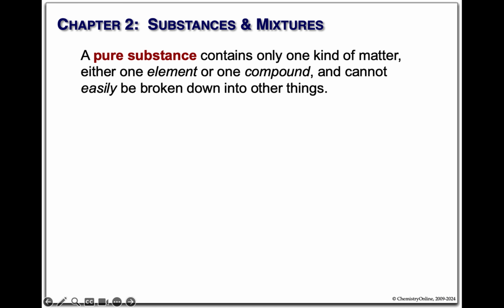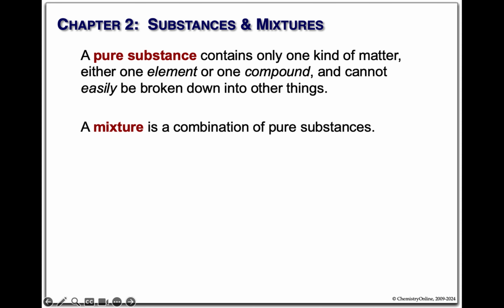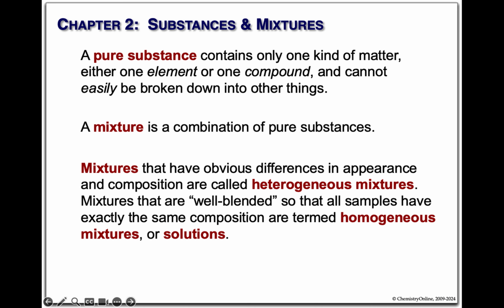Let's continue talking about substances. And now we're going to introduce mixture. If we have only one kind of matter, it's called a pure substance. That can be an element, it can be a compound. It's only one kind of matter. A mixture, we combine 2 or more substances. Now, everybody's familiar with mixtures.